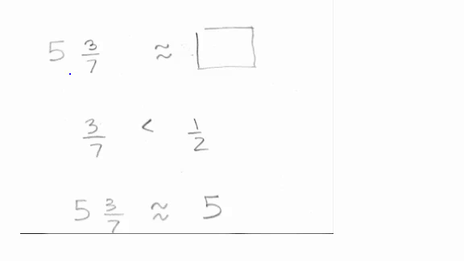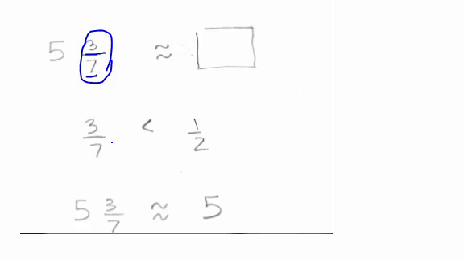Here I have the mixed number 5 3/7, and we're going to round that to some whole number. I look at the fraction part and ask myself, is this less than 1/2? The way I figure that out is I compare the numerator to the denominator. If the numerator is less than half of the denominator, then the whole fraction is less than 1/2.